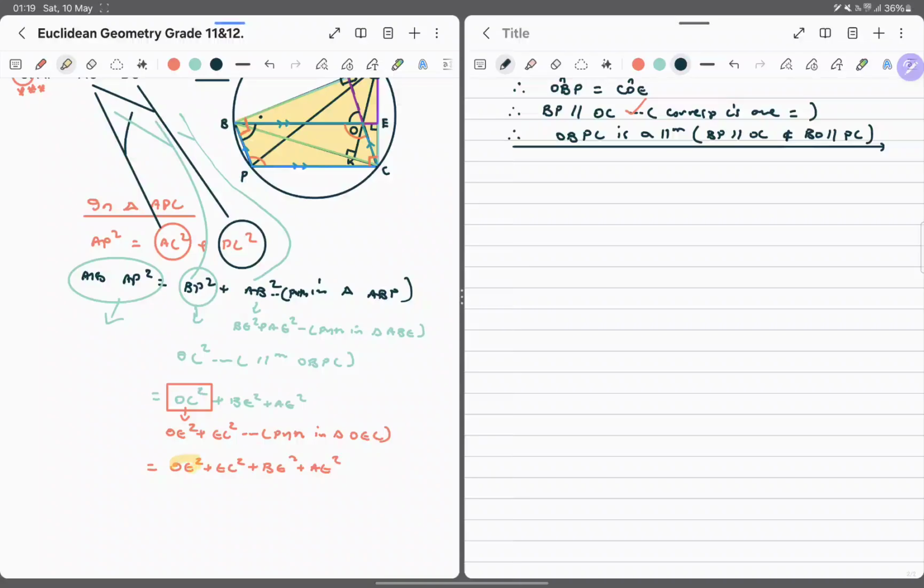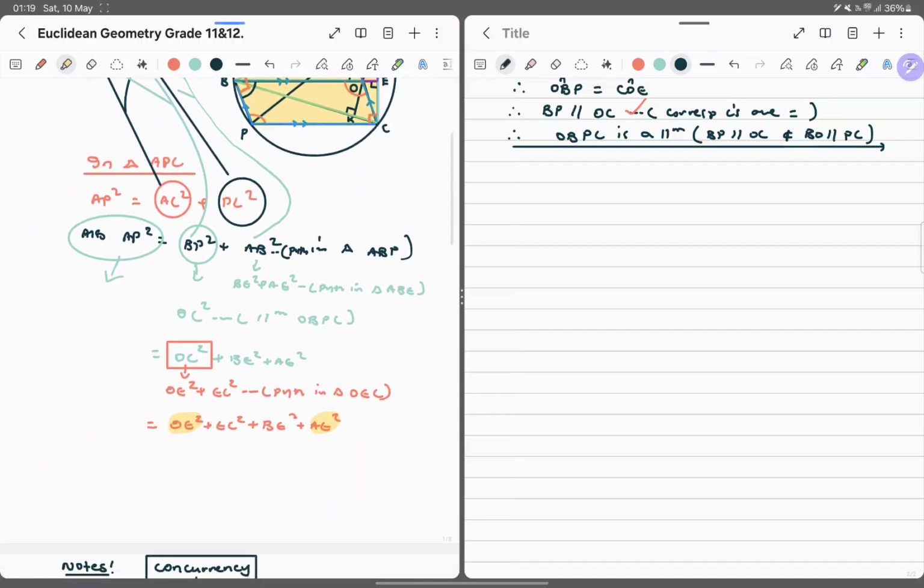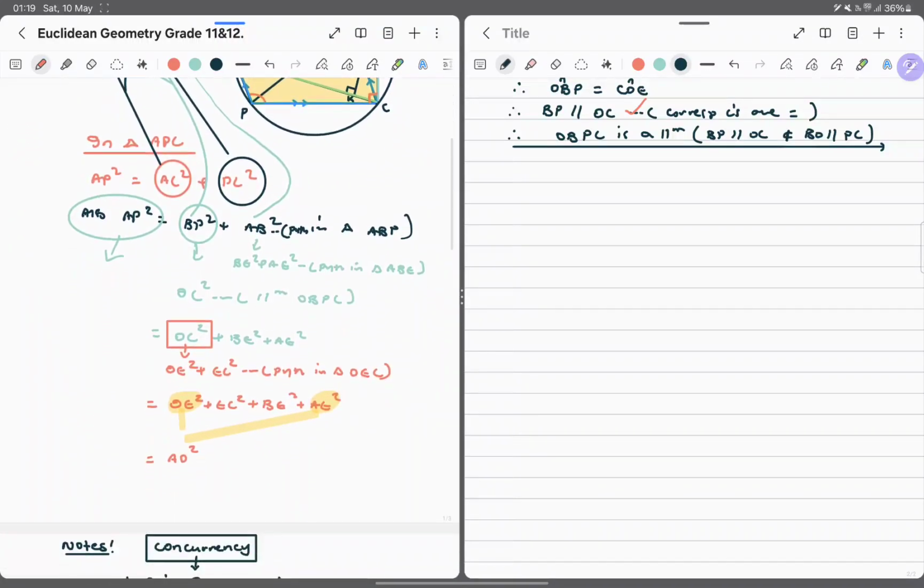If we take OE squared and add it to AE squared, can you see in this triangle, AE squared plus OE squared represents AO squared, right?